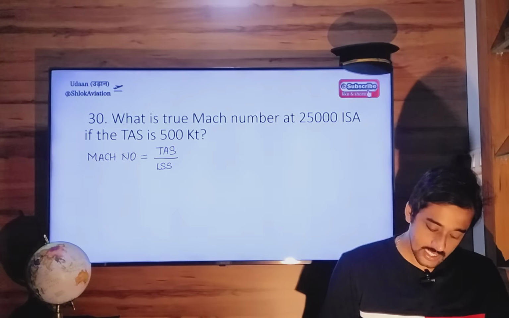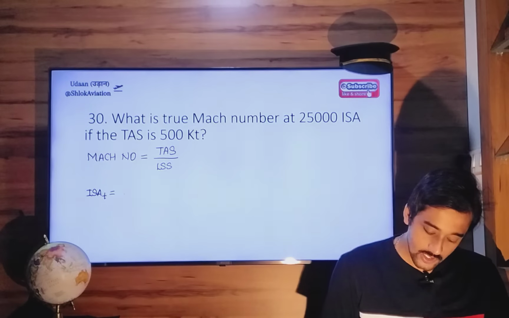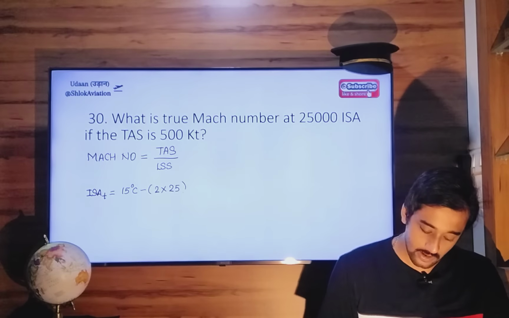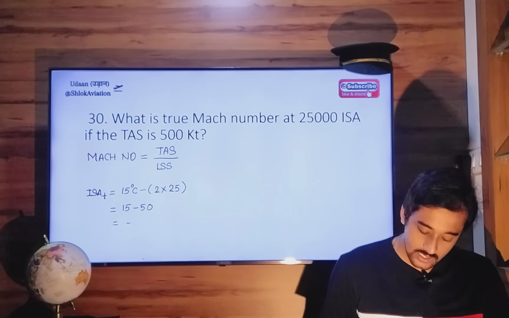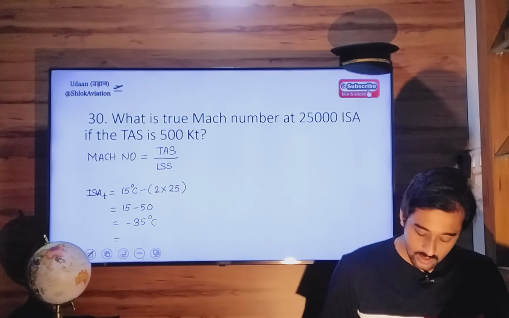Now what is the ISA temperature at 25,000 feet? 15 degrees Celsius minus 2 into altitude 25,000. So 2 into 25 is 50. 15 minus 50 is minus 35 degrees Celsius. Now minus 35 degrees Celsius is equal to 238 Kelvin.